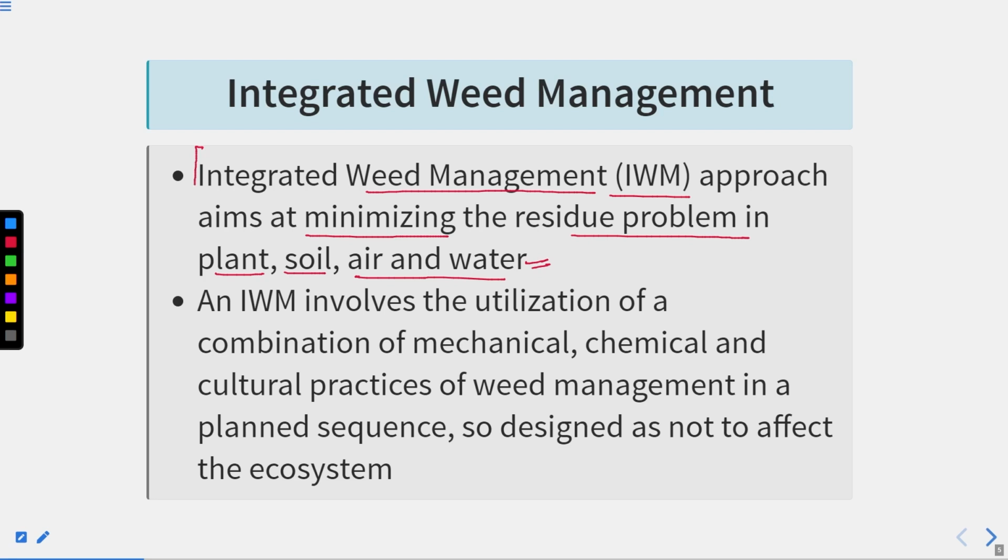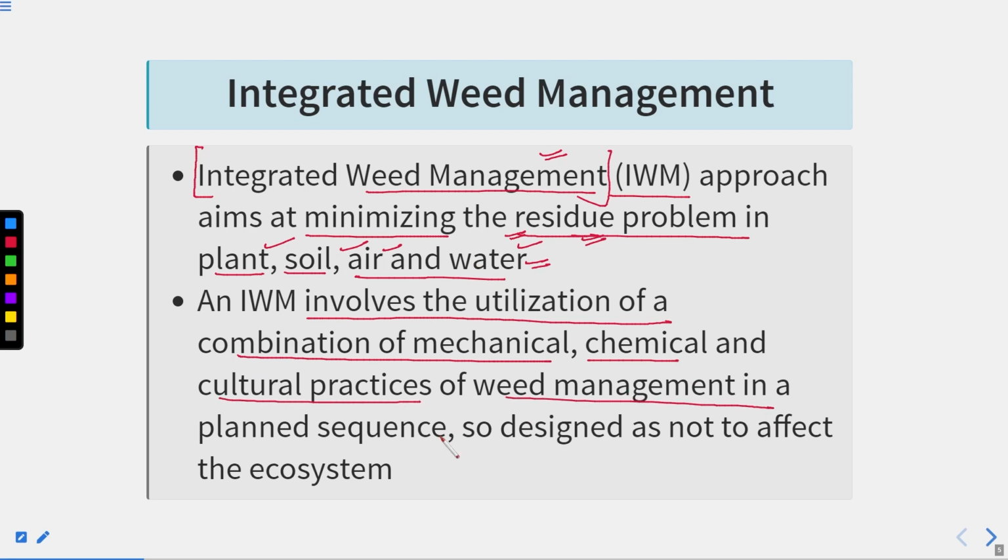If this management plan is followed, they have seen that the residue problems, not only the weeds but the problems of residue in the form of soil, air or water, get reduced. IWM involves the utilization of a combination of mechanical, chemical and cultural practices of weed management in a planned sequence, designed so as not to affect the ecosystem.